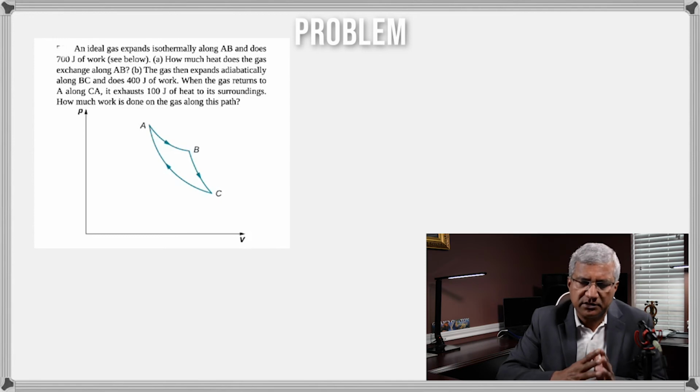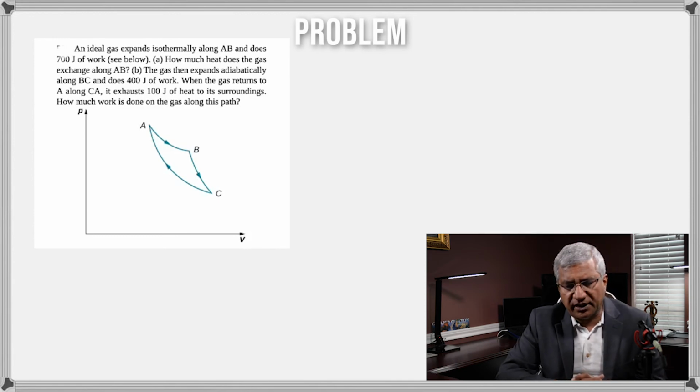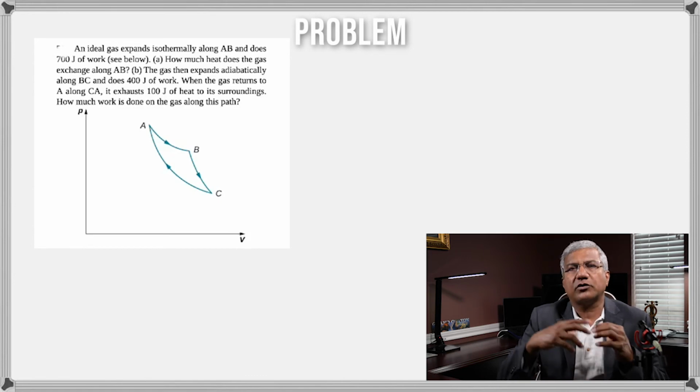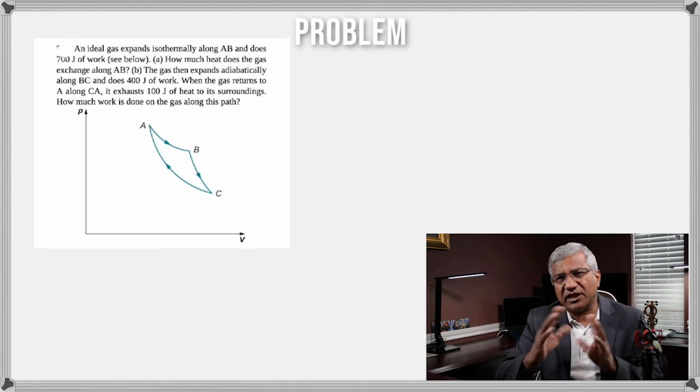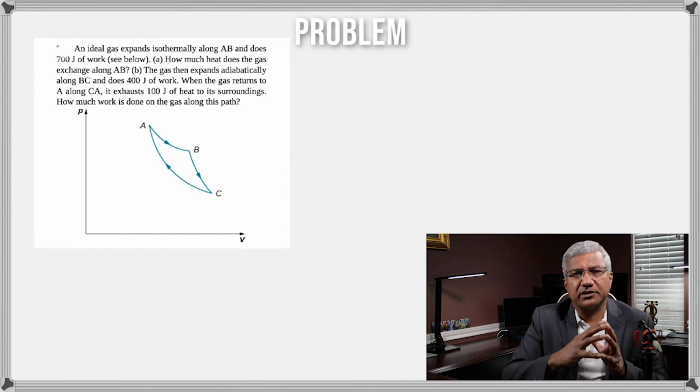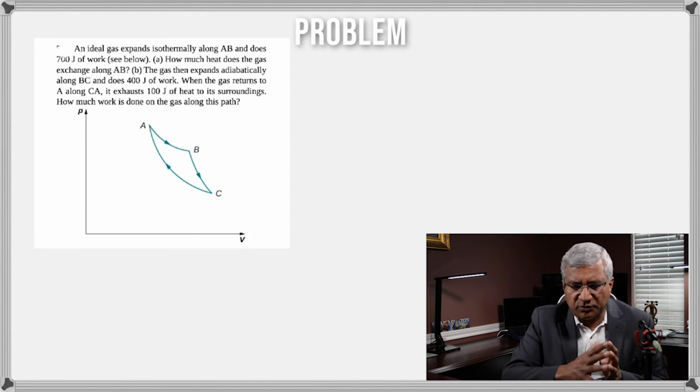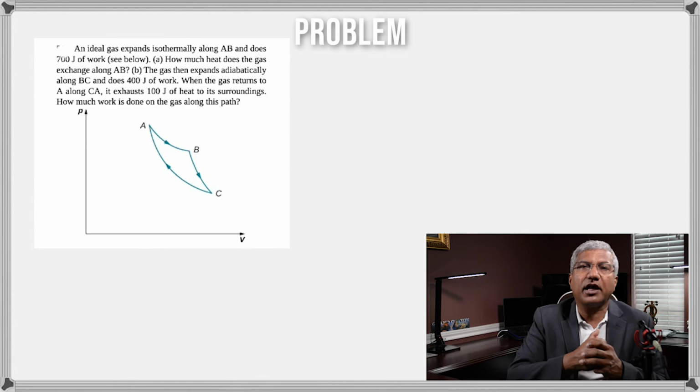In the first part, the ideal gas expands isothermally. That means the temperature does not change, or in other words, heat exchange is possible between the system and its surroundings. It does 700 joules of work, and the question is, how much heat does the gas exchange along AB?